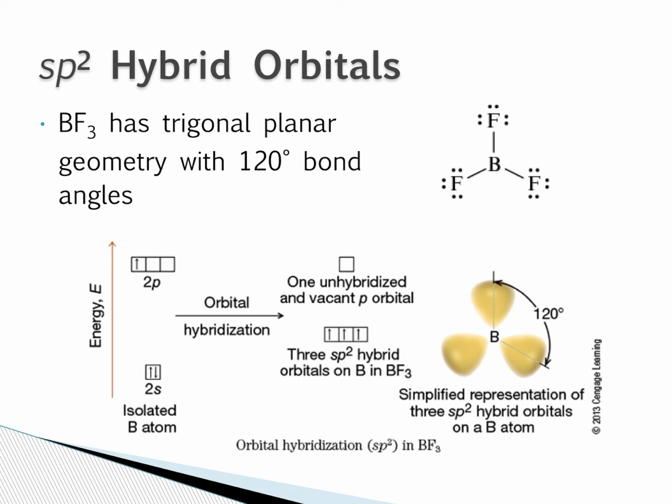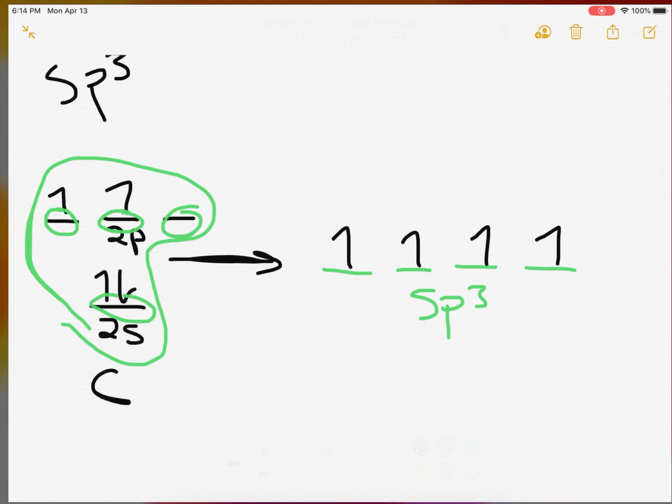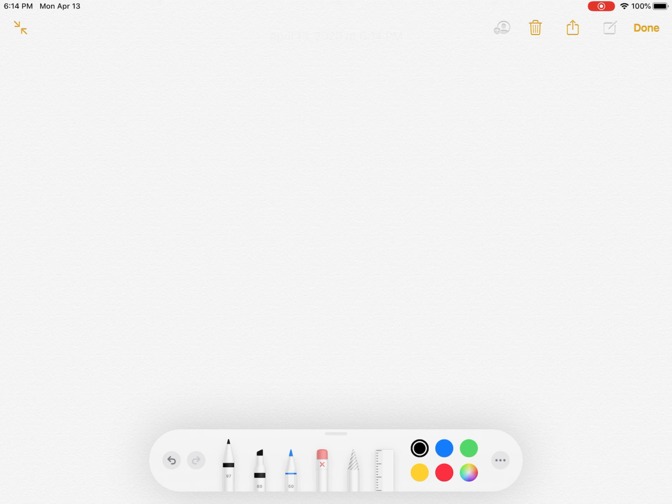Okay, sp2, and just like I said, the 2 represents how many p orbitals we're going to be using. So we'll use 1 s and 2 of the p orbitals. So we're going to do that for BF3. So let me come back here. I'm going to give you boron's electron configuration. It is 1s2, 2s2, 2p1.